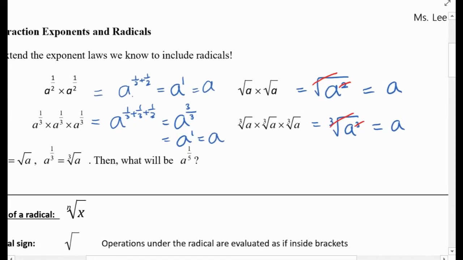Okay, let's compare this. When you multiply a to the power of 1 over 2 twice, it becomes a. When you multiply square root of a twice, it becomes a. That means a to the power of 1 over 2 and square root are the same.